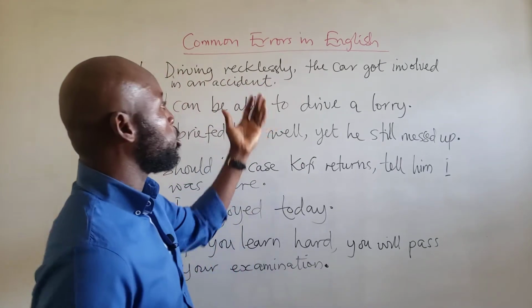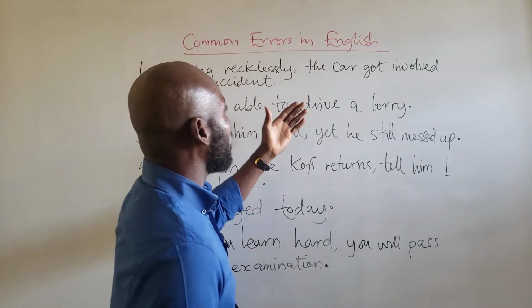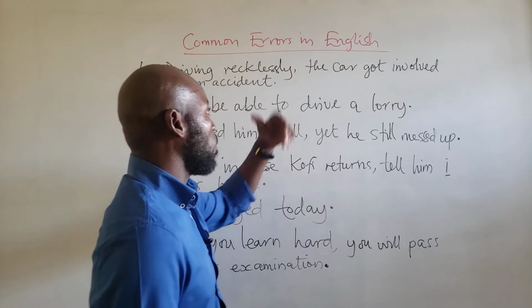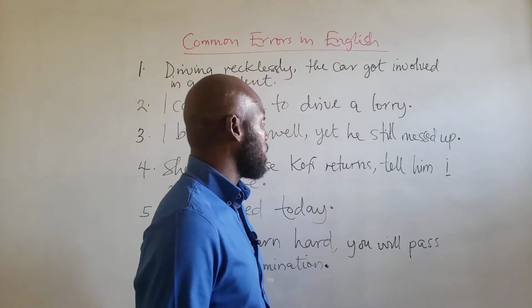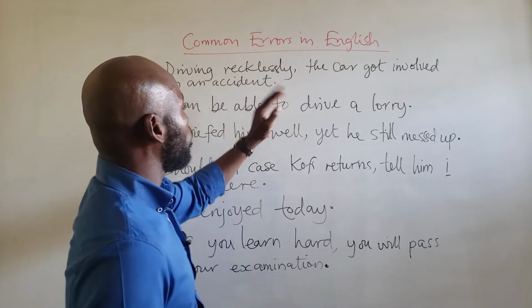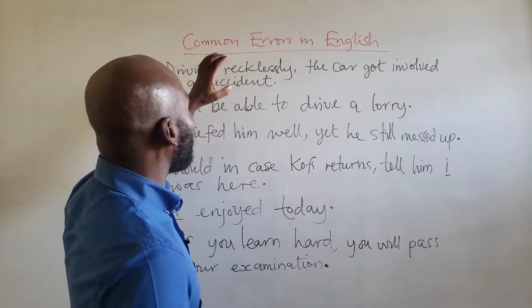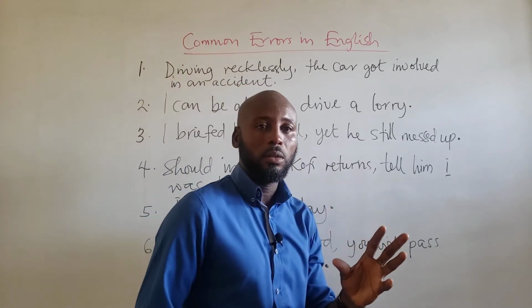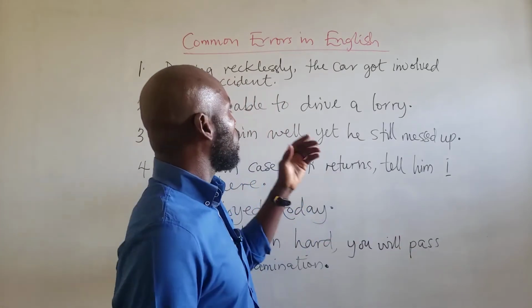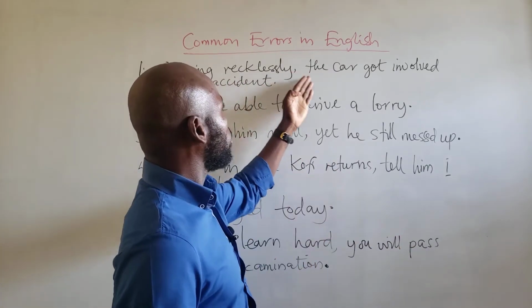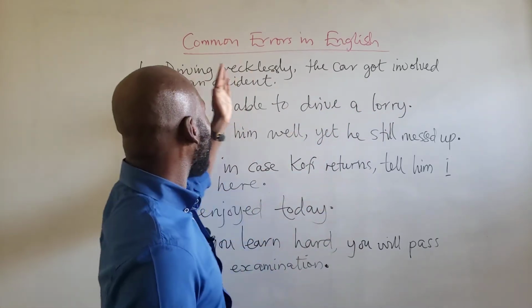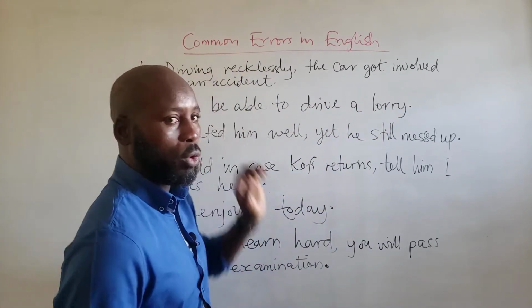So it has nothing to show that someone drove this car recklessly, and as a result, it got involved in an accident. So what you will do whenever you come across a statement like this is to revise the statement. There are two ways. One, you either revise the main clause or you revise the modifier clause.